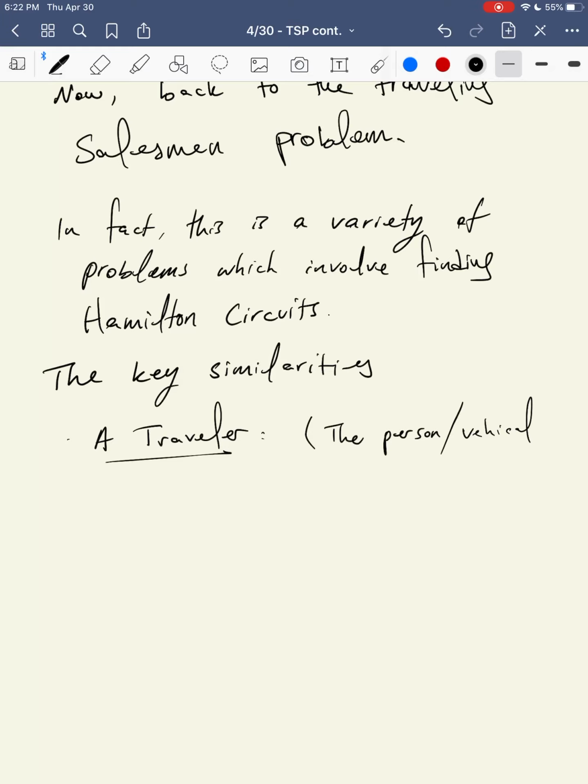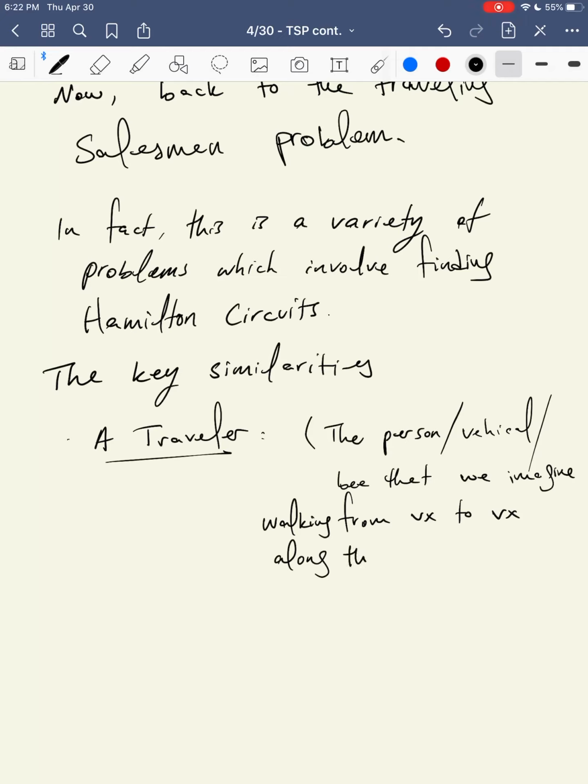So the person, vehicle, or bee that we imagine walking from vertex to vertex along the edges of G, our graph.